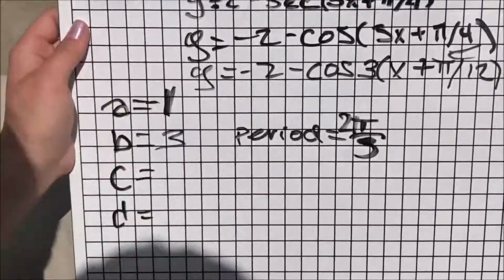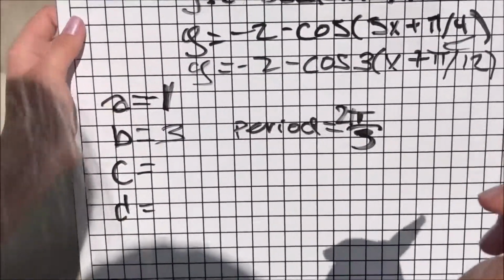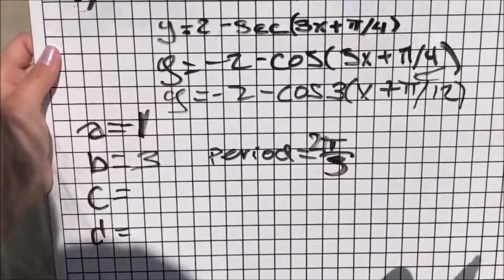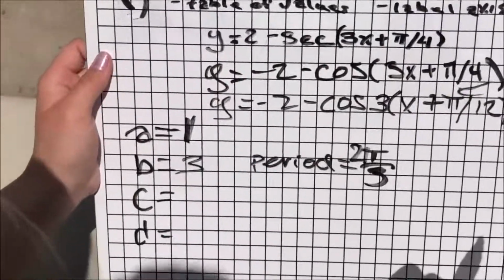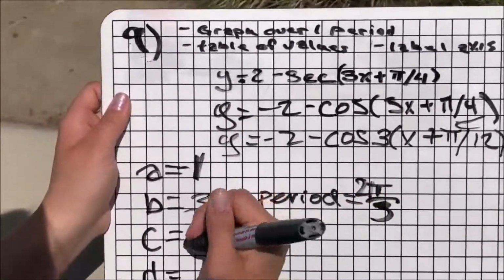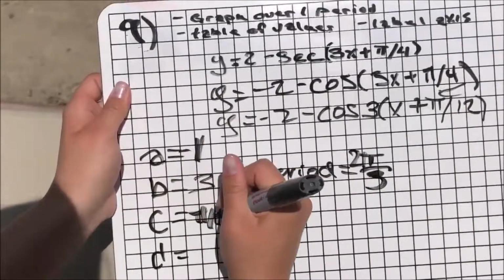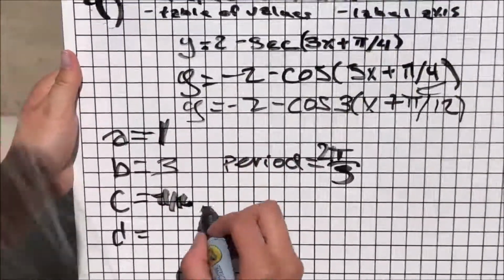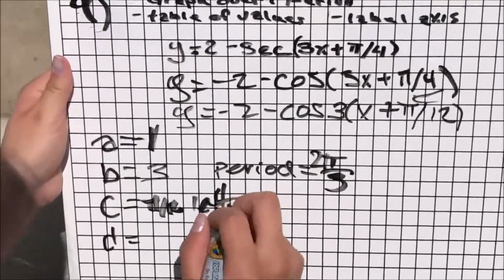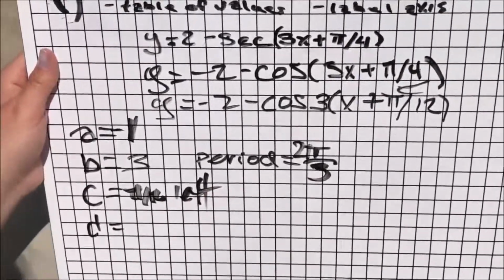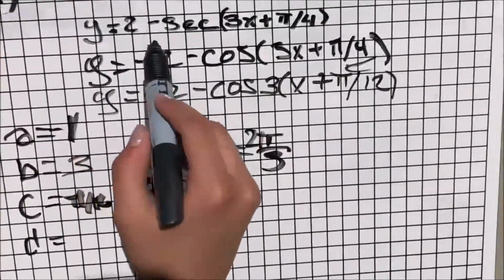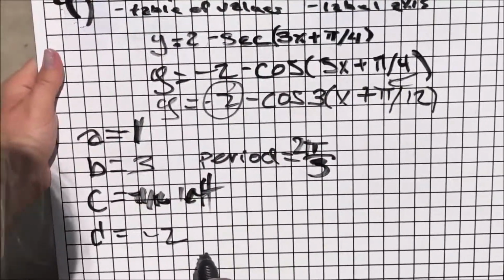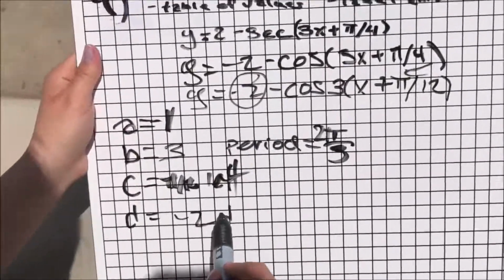And then C, what's it called? Phase shift? Okay, so it'll be pi over 12. And it'll be left. And then we take D, which is over here, and it will be -2, meaning we go down.